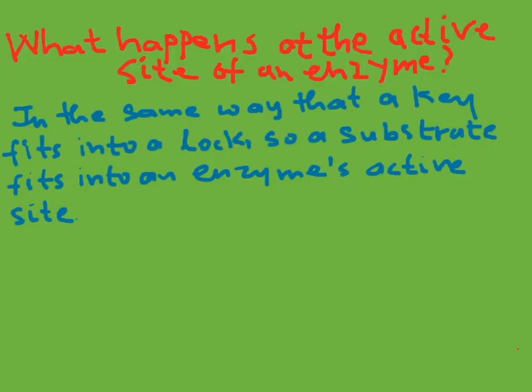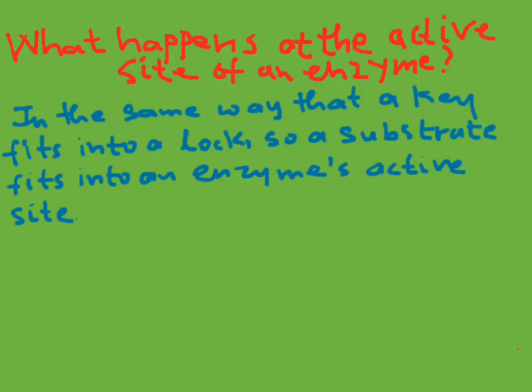When you take a lock and the key and you insert the key into the hole found on the lock, you are either opening the lock or closing the lock. And the key must conveniently fit into that hole. Therefore, you cannot take the key of another lock and open another lock.